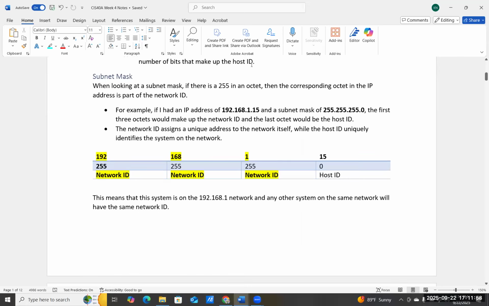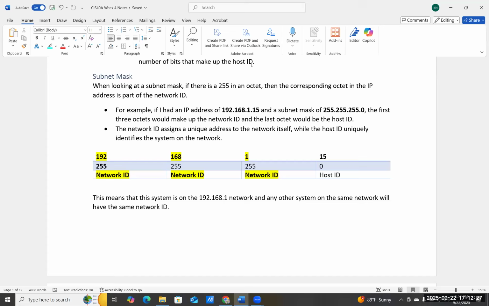Okay, so this address is a Class C default address, and the later part of the notes talks about the classes. When we look at 255.255.255.0 for the subnet mask, remember it's the zip code and always works with the IP. We would say this is network ID, network ID, network ID, and the host is 0.